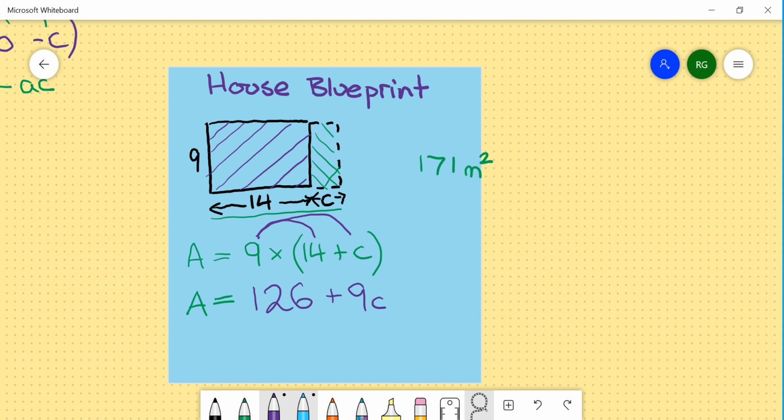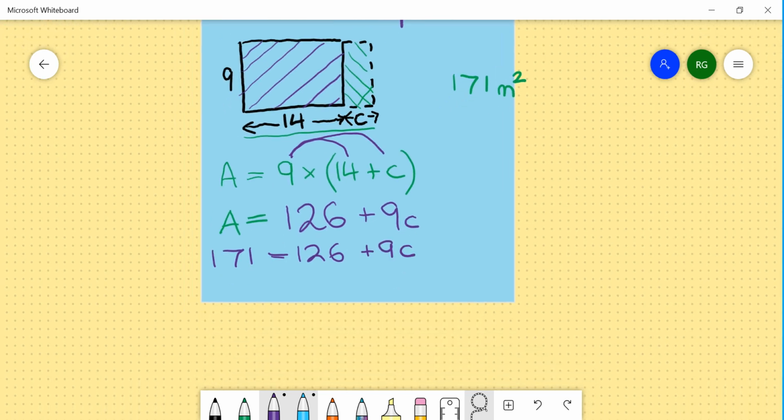Now, if the area of the house and deck can only be 171, this is where using a little bit of prior knowledge can work wonders. We subtract 126 from both sides, as we want to get C by itself ultimately. That will equal 45 on this side, 9C here.